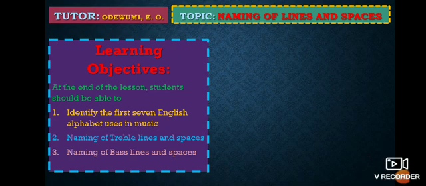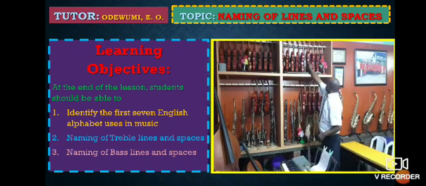Our topic today is naming of lines and spaces of the staff. In our previous lesson, I told you about musical notation, the three musical notations we are using in music: staff, clef, and musical note.